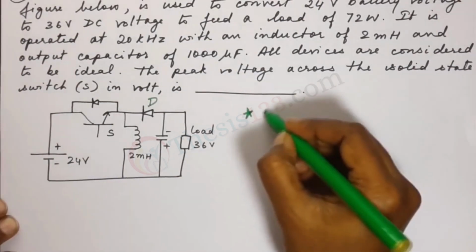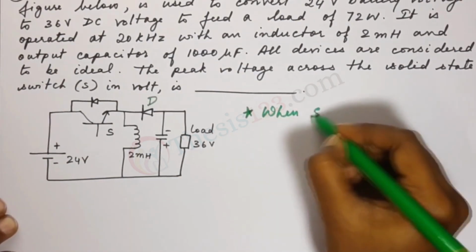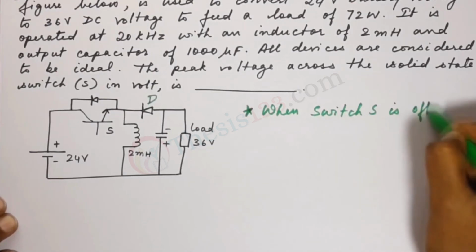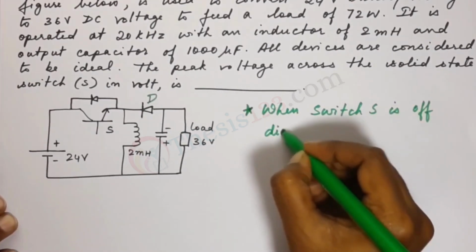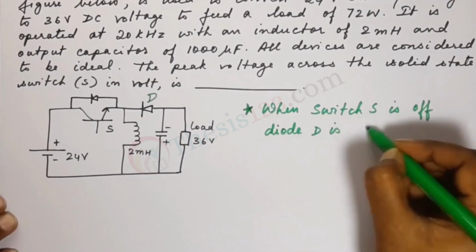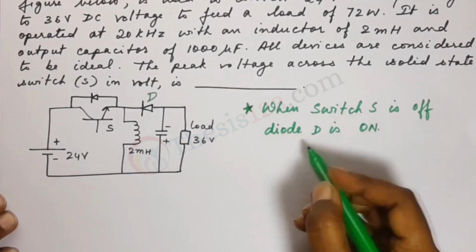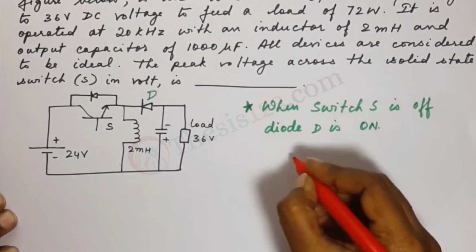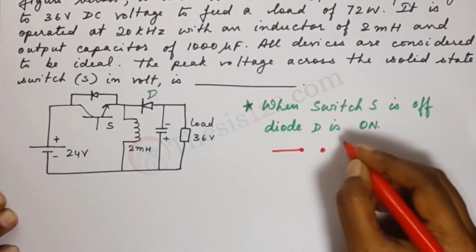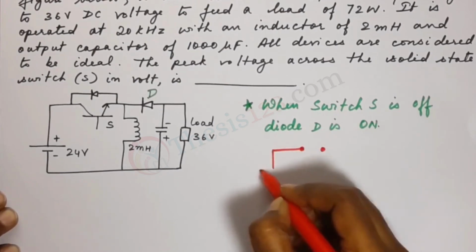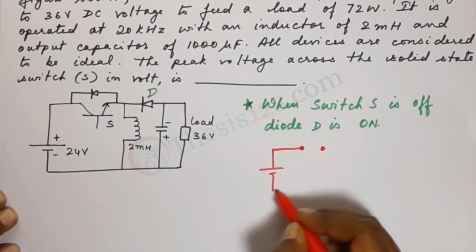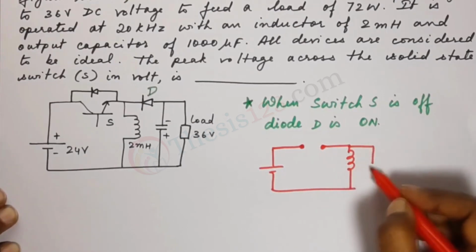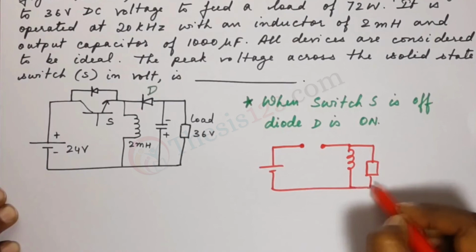Here's the important point: when the switch S is turned off, diode D is on. In this case, where the switch is, it becomes open, and we have our voltage source here, we have our inductor here, and we have the load given to us.